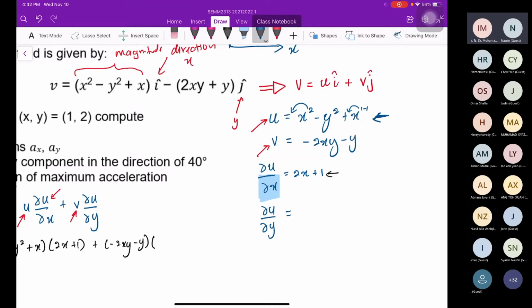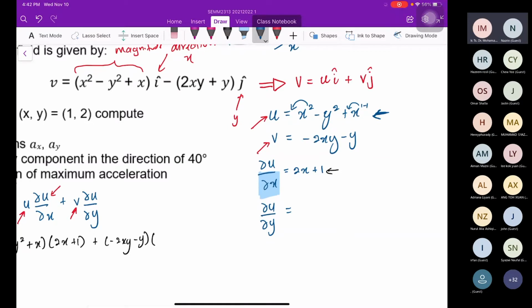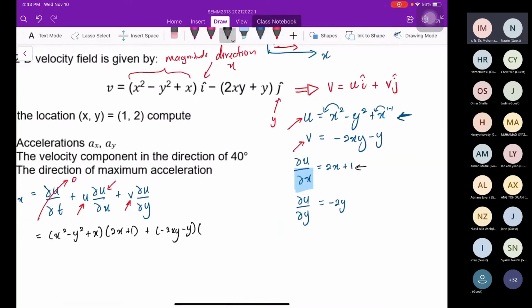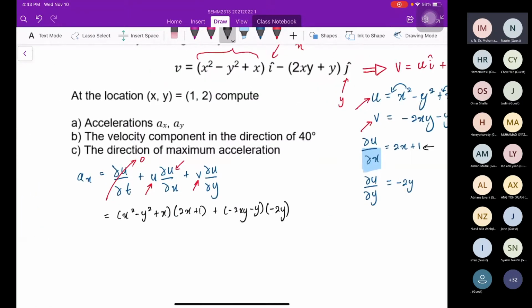That means our variable is now y, so x becomes constant. Whatever the degree, differentiating x squared is still constant, so it is 0. You differentiate negative y squared, it becomes negative 2y. That's it. Just replace here negative 2y, and then this completes ax.